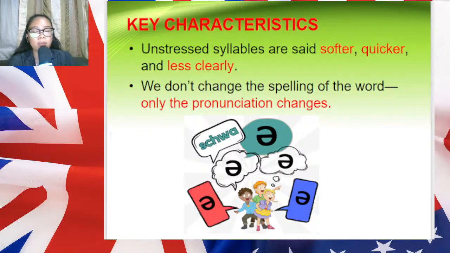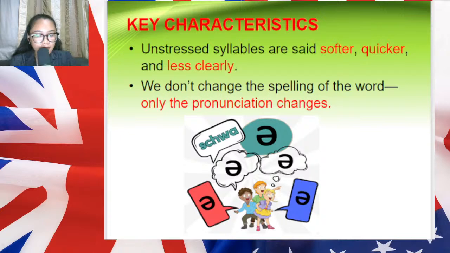It's the most common vowel sound in English. It sounds like a soft UH. That's the pronunciation of this particular symbol. Schwa sound is UH, basically.